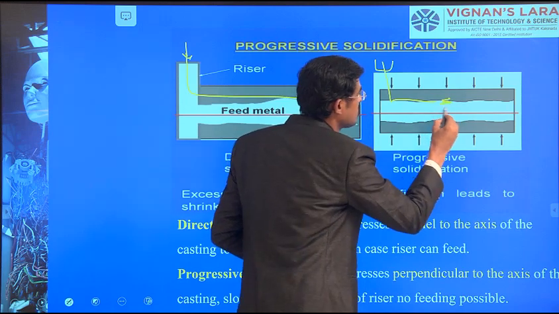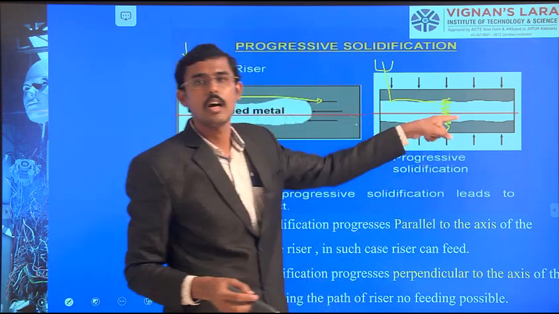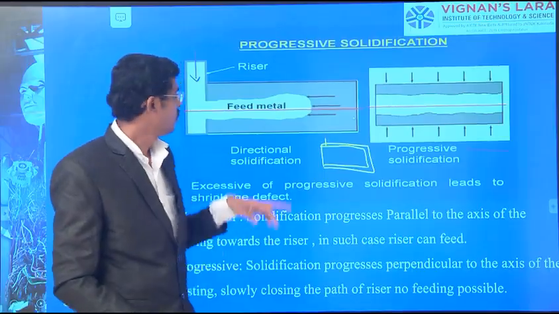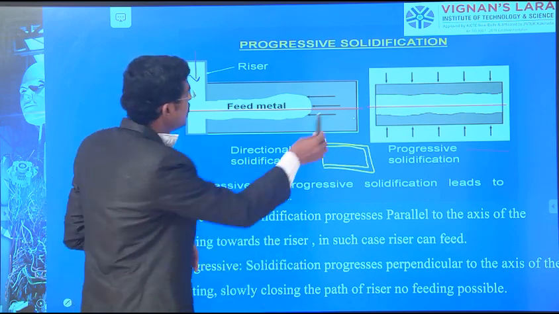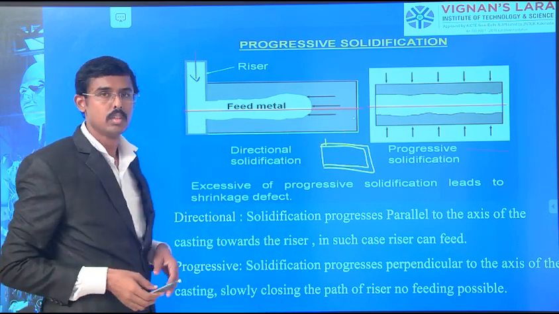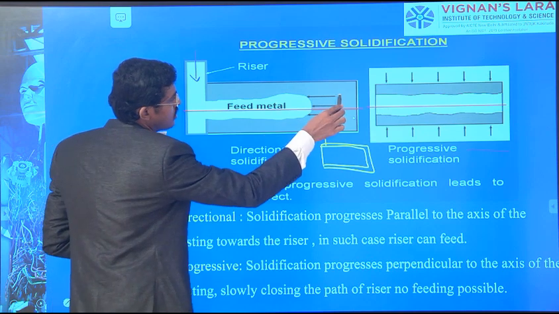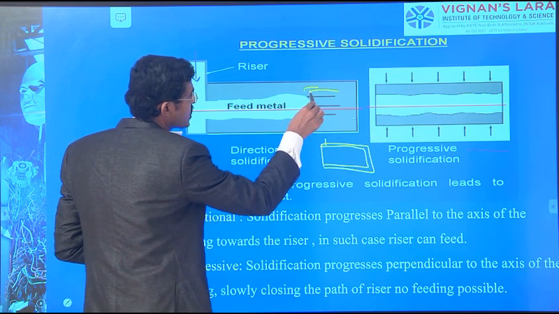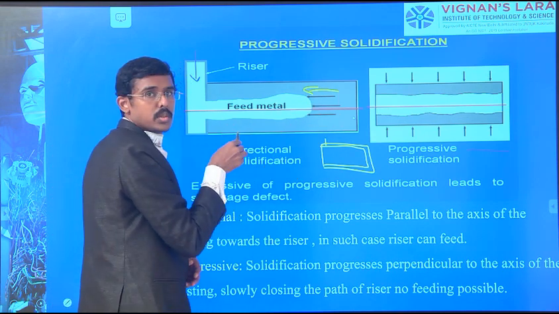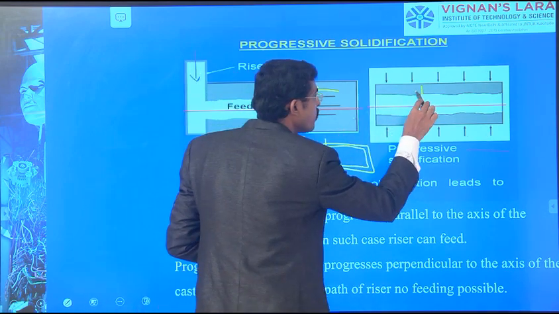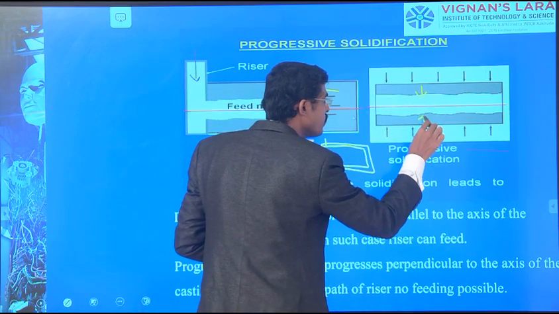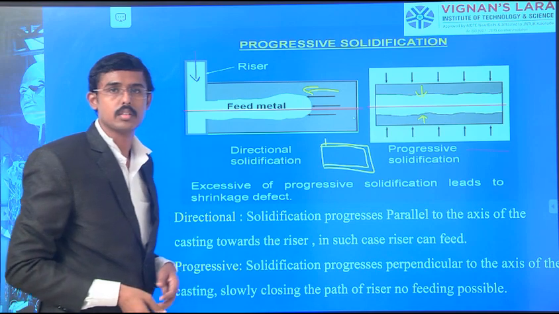It blocks and it is not possible to move there. What is directional solidification? In the direction of flow. When I am putting the arrow in this direction, this is directional solidification. When I put the arrow perpendicular, this is progressive solidification.